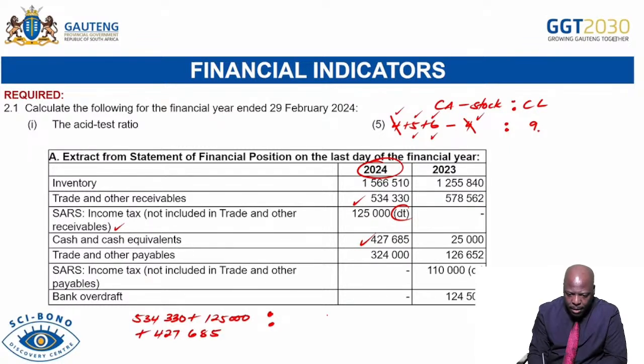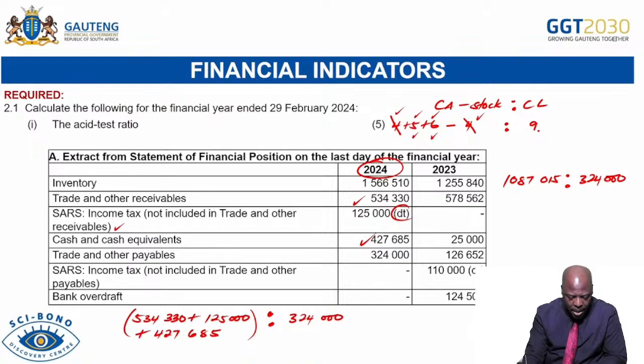And how much is that? 324,000. Okay, and then once you add all these amounts, you should get your total, which is 1,087,015, as to 324,000.